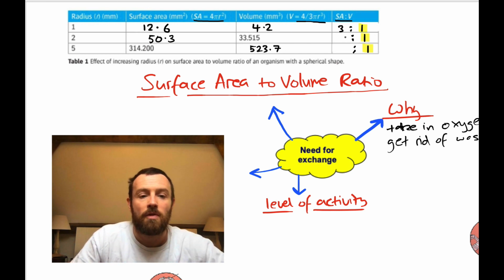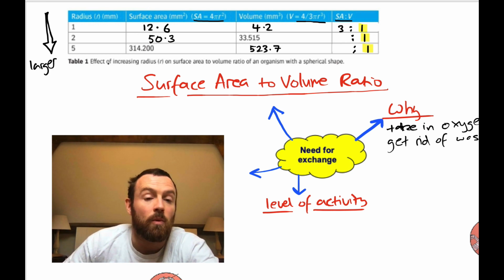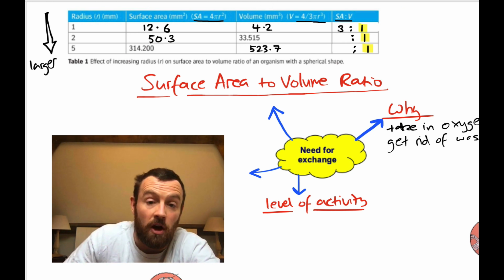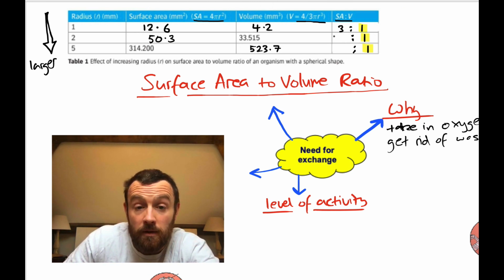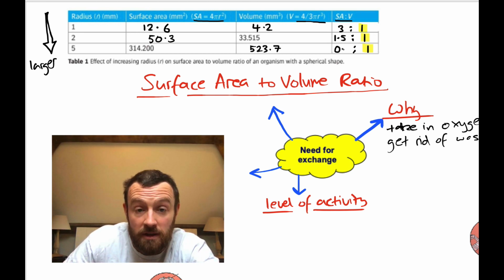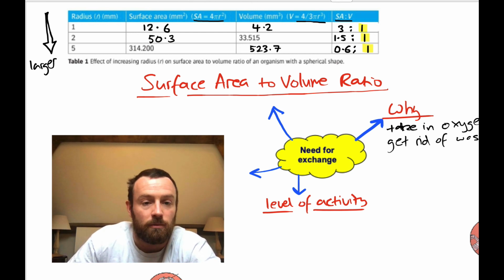Okay, so the key thing is as we get larger, what happens to the surface area to volume ratio? Well, start is 3 to 1, and then by here we have 1.5 to 1, and by here we have 0.6 to 1. Okay, so that is the key conclusion which we should write here.